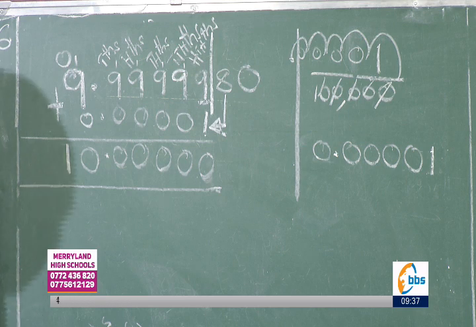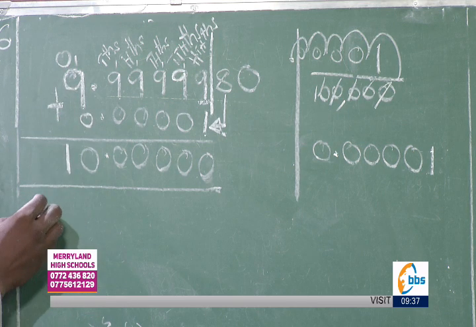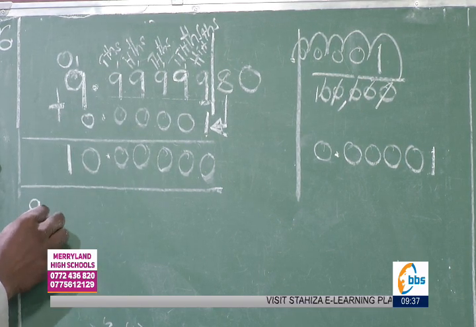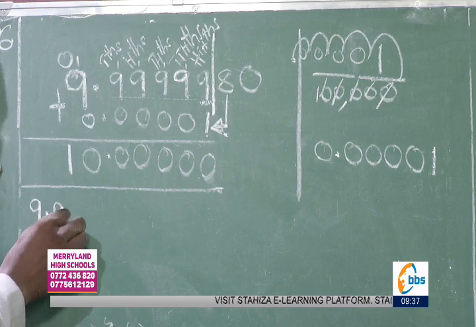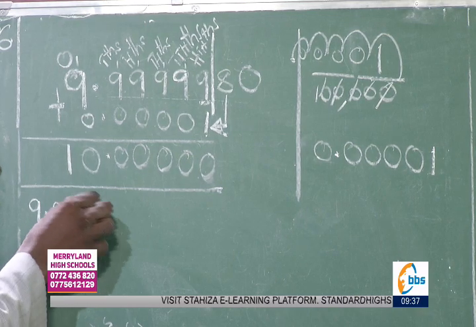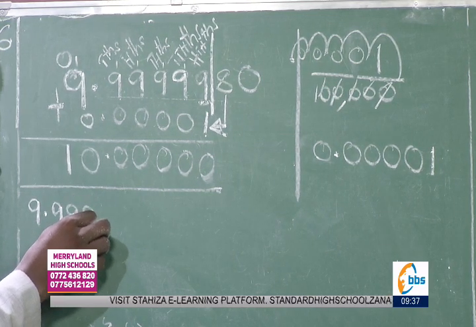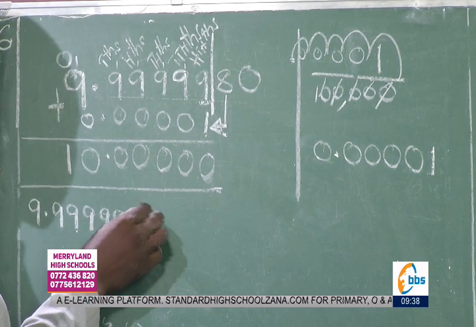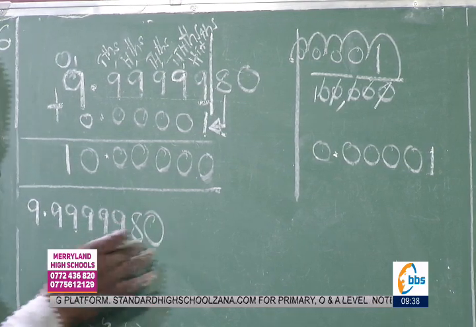There is one who failed it, but let me first write the right thing. You now say, therefore, 9.9, I copied the original number, 9, you see? 8, 0. The original number.